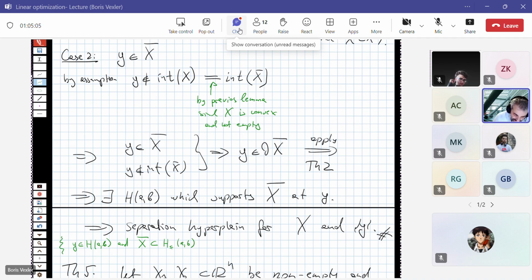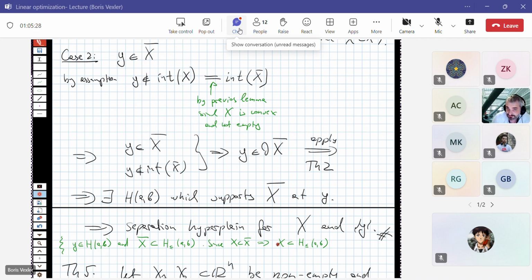But now, of course, since X is a subset of X bar, we see that also X is in H less or equal b. And therefore, by the definition of separation, this hyperplane separates Y and X. Not strongly or not strictly, but it separates. Okay?